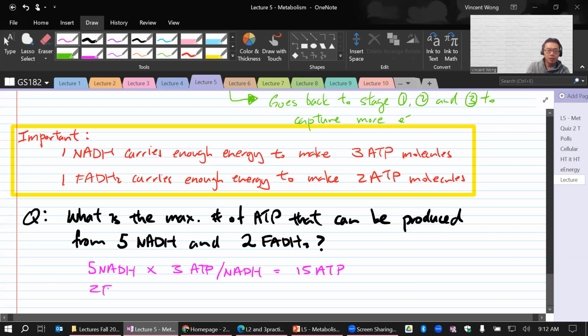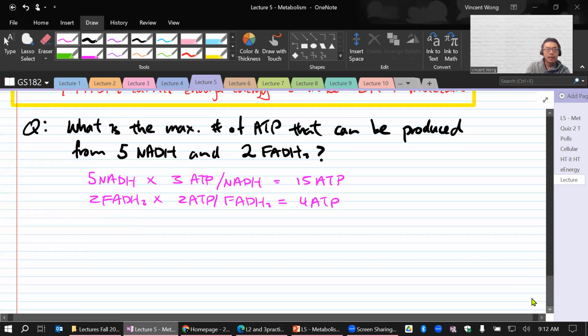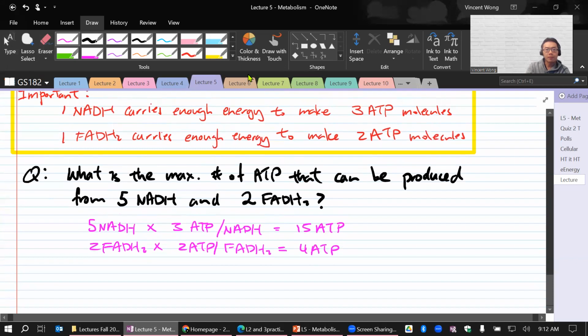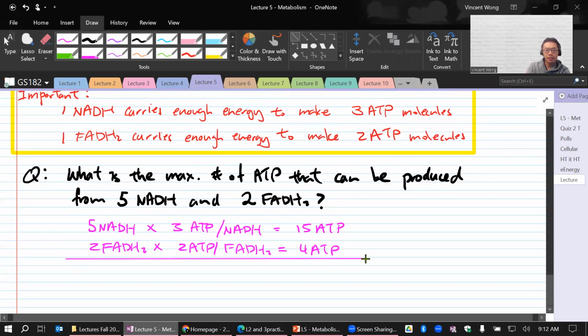And then we have 2 FADH2, which I would multiply by 2 ATP per FADH2, because that's what it says here. So 2 times 2 is 4. And we add them together, right? 15 plus 4 is 19 ATP. That's the answer, 19.